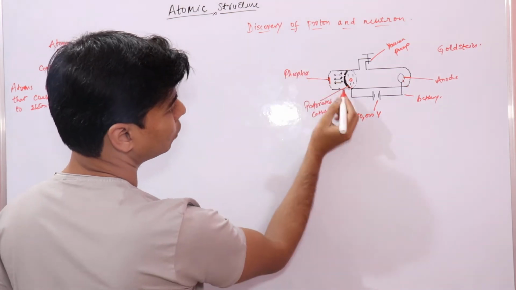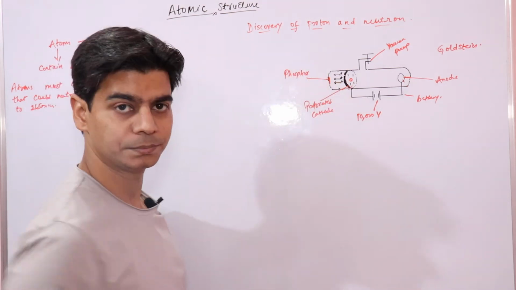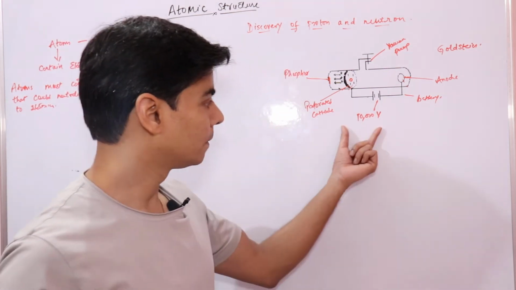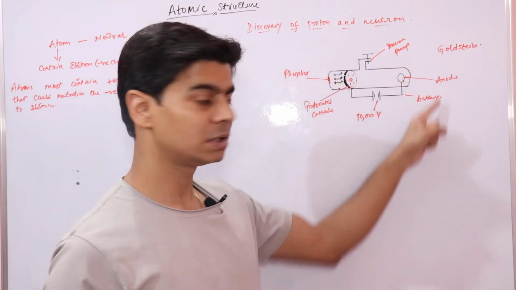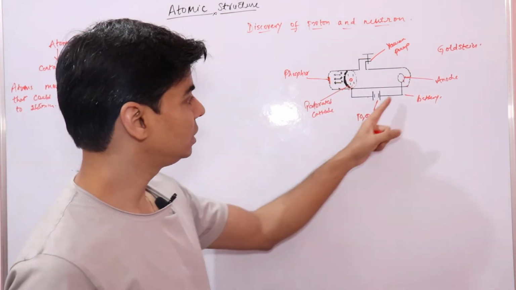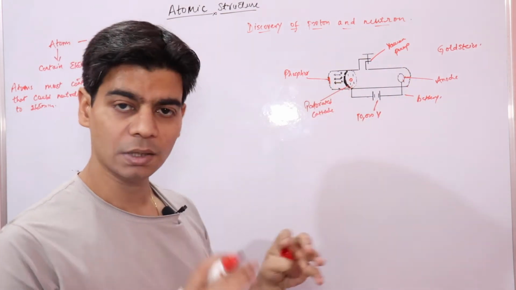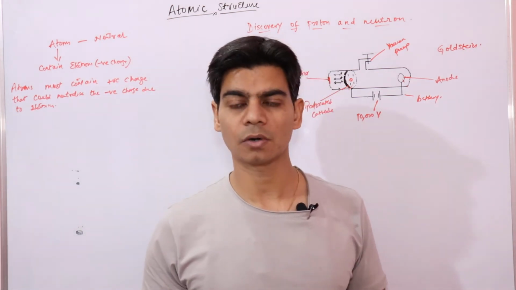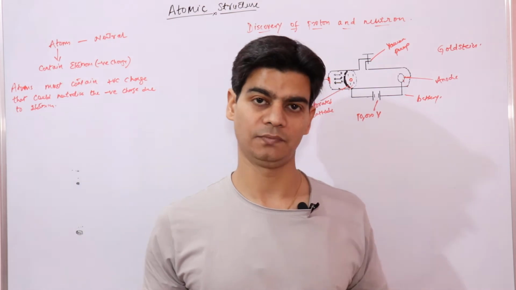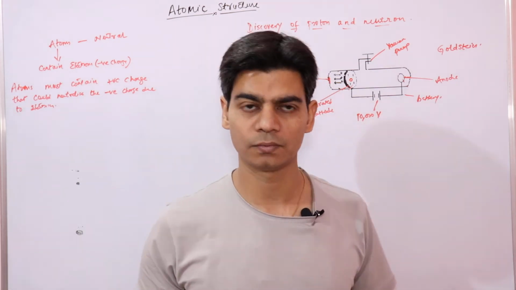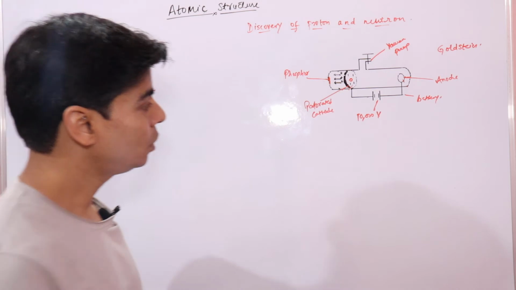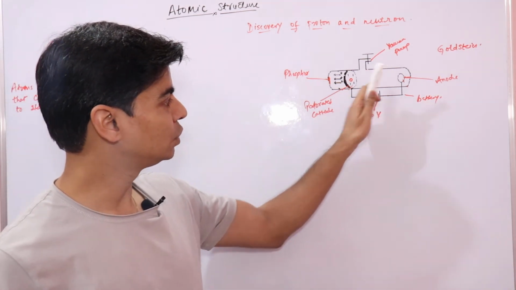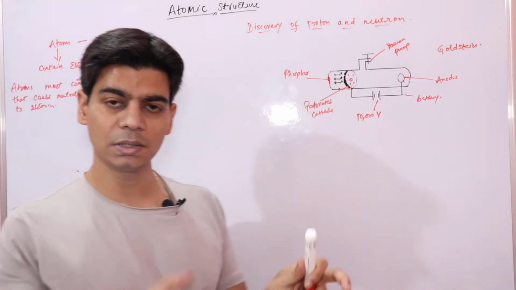On passing 10,000 volt through this discharge tube, Goldstein observed that this phosphor started glowing. Phosphor, we know, is a phosphorescent or fluorescent material that glows when any kind of rays fall on it.